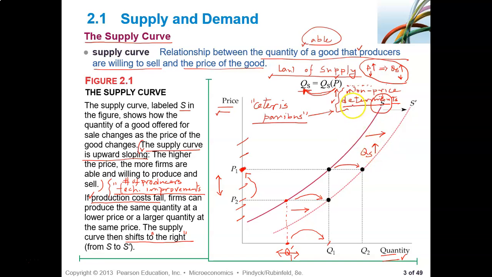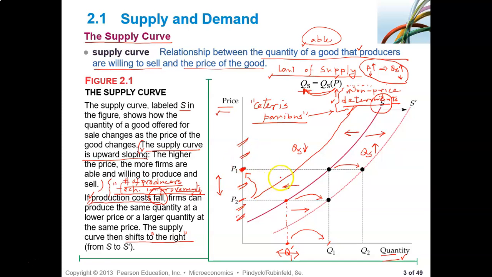But now we know that if production cost increases, or if the number of producers decreases, or if technology goes backward, in case of natural disaster or war, then the quantity supplied decreases, and for all prices producers now want to supply less.